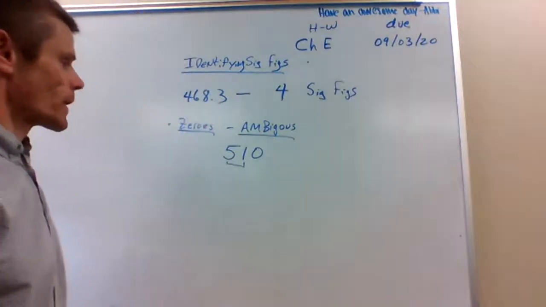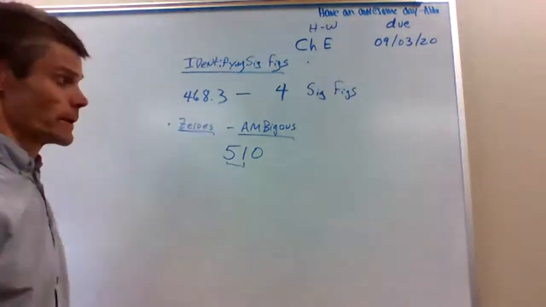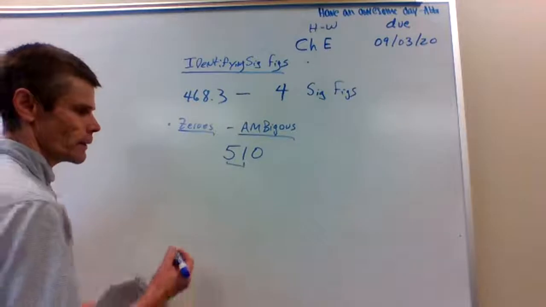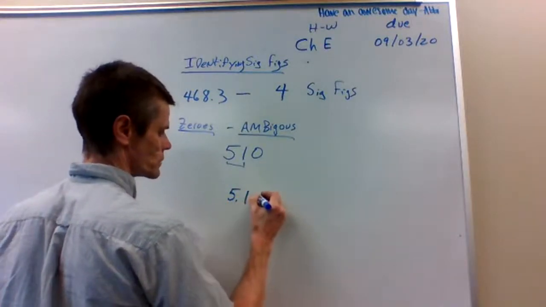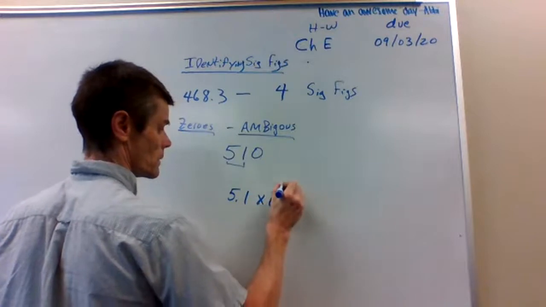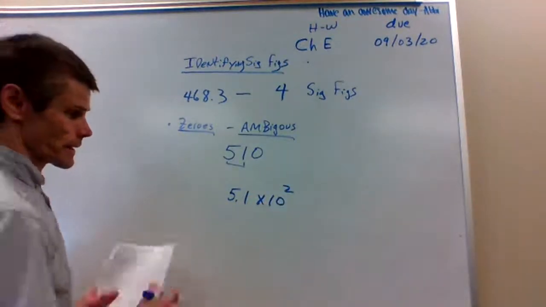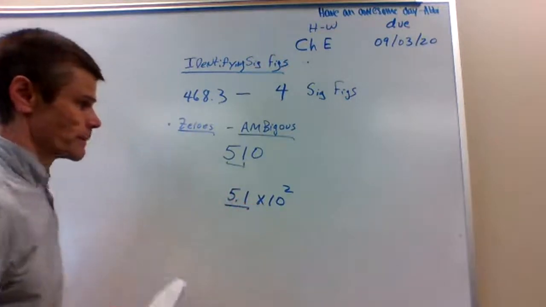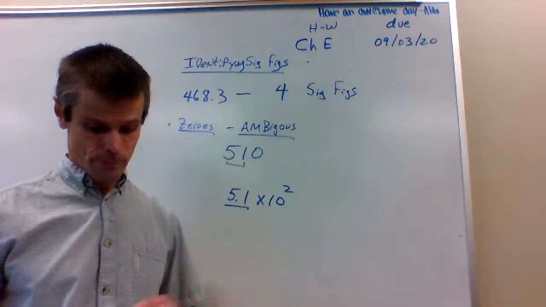Now, if you were working through your lab and you found out that this number was given to you in a procedure, one way to represent this is writing it in scientific notation. 5.1 times 10 to the second. This represents the number of significant figures that we know with certainty.